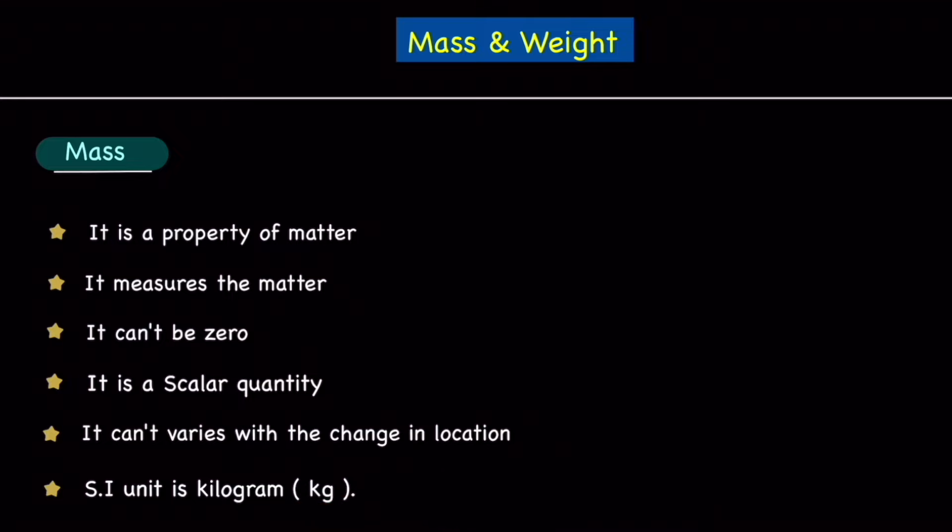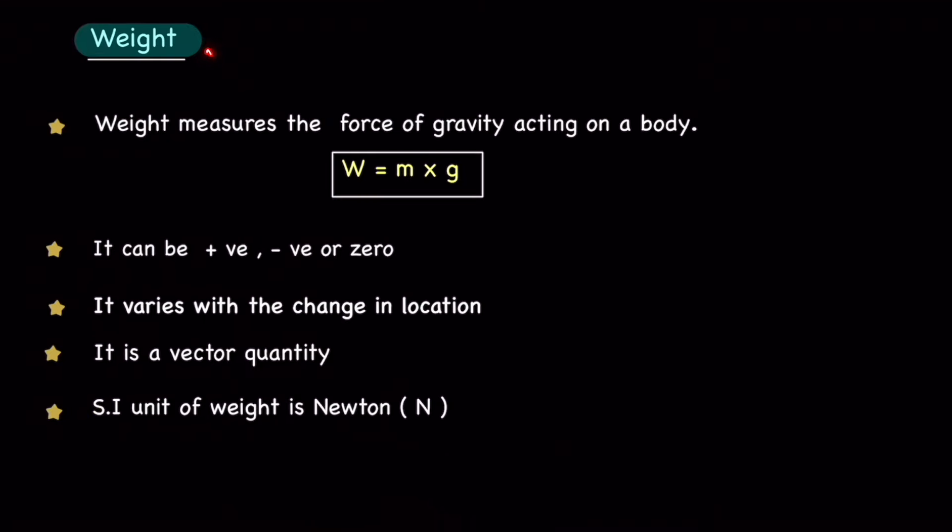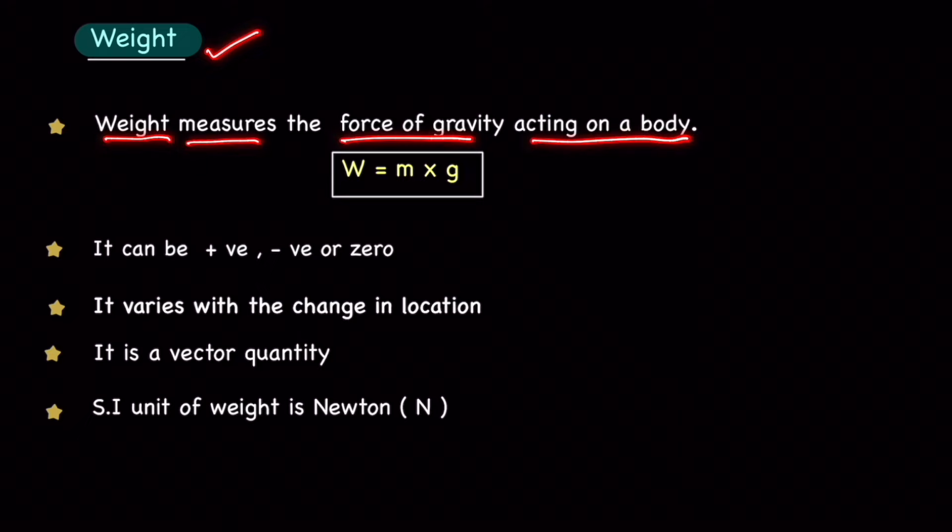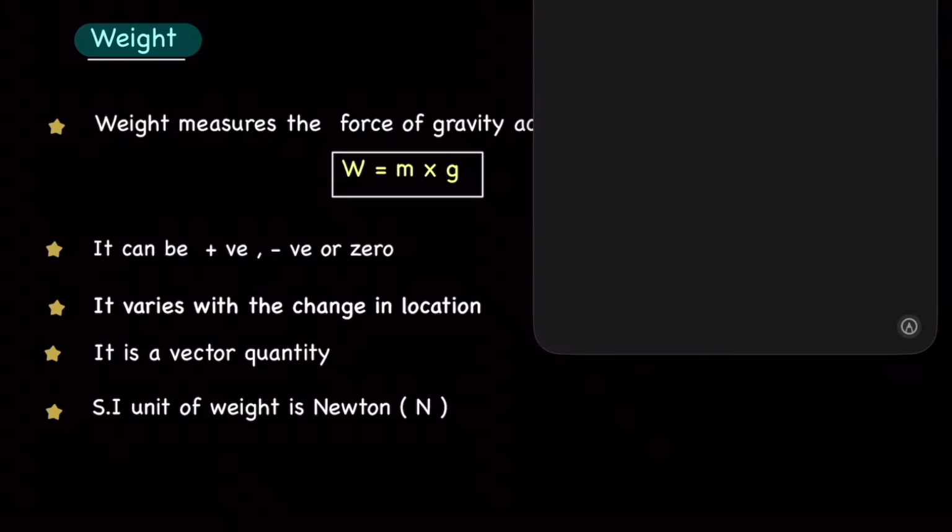In a similar way, now we'll study about weight. Weight measures the force of gravity acting on a body. Previously, we studied Newton's second law. It says that F = m × a. Then we studied that acceleration changes to the acceleration due to gravity when we are talking about the gravitational force.